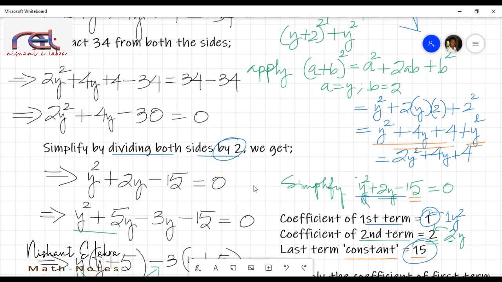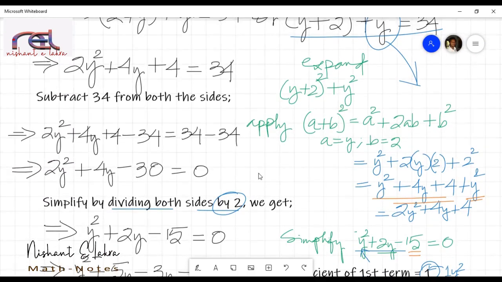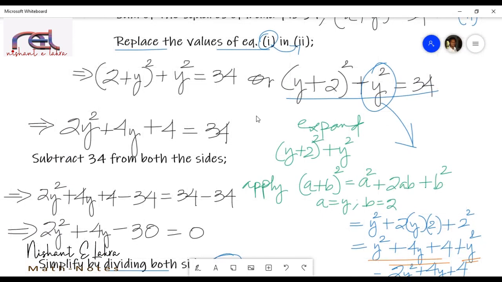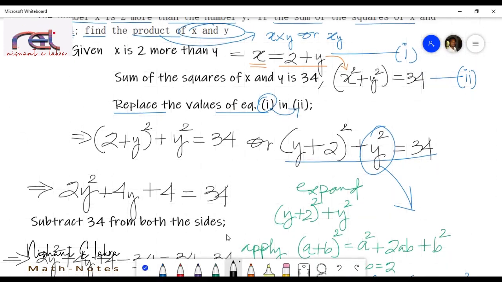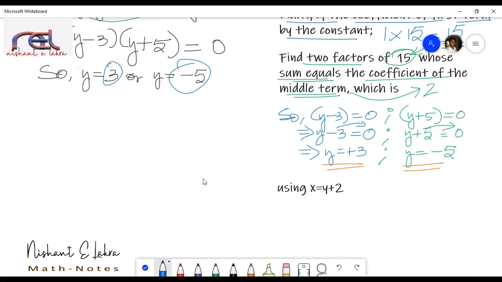Now when we scroll up, you will see that when we started solving this problem, we had found the first equation, that is x is equal to 2 plus y. So we'll replace the value of y in equation number 1 to find the value of x, using x is equal to y plus 2.